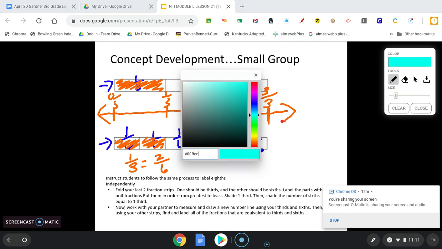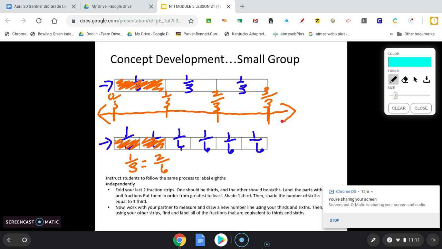So right here, here, here, here, here, and here. Now I'm going to label these 0/6, 1/6, 2/6, 3/6, 4/6, 5/6, and 6/6.